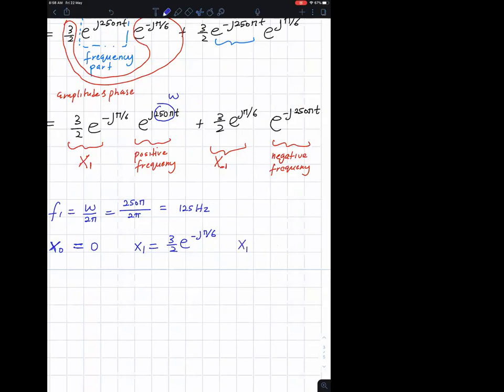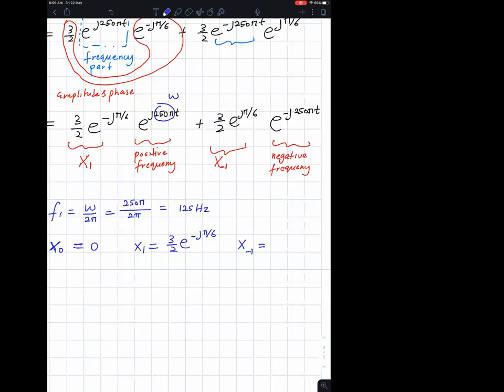Okay. Then what about x minus 1? Given x1, what is x minus 1? Is it the negative 3/2, sir? Kavin?